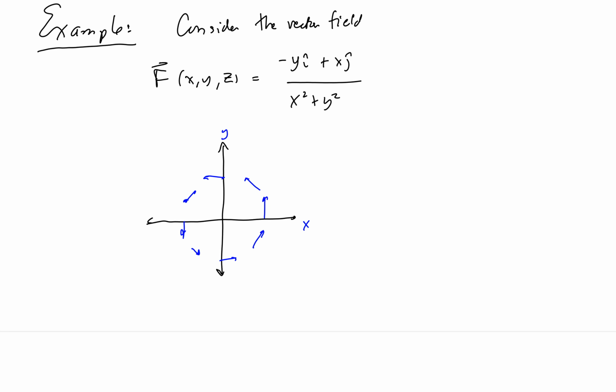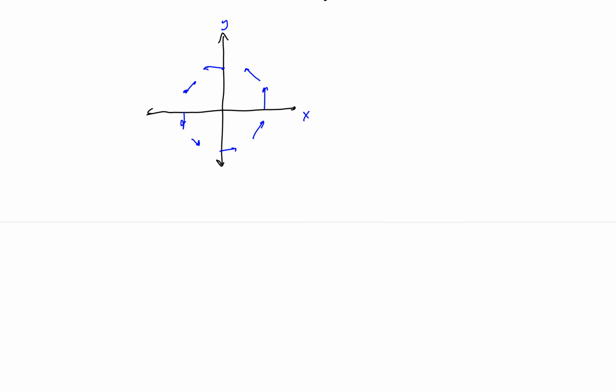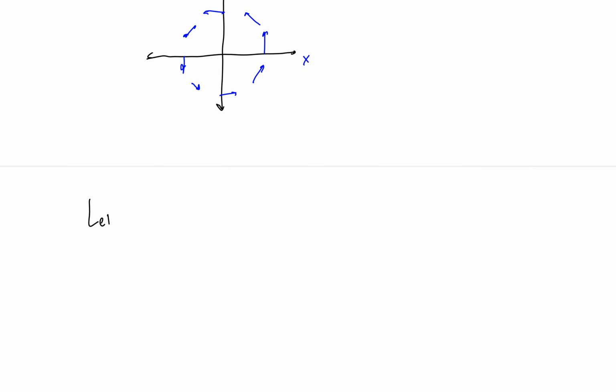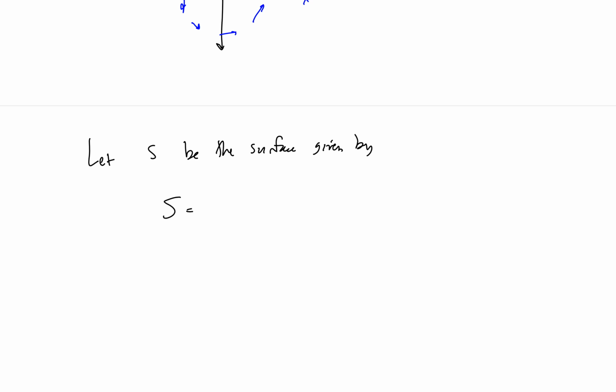So let's consider our surface now. Let S be the surface given by, say, S is all of the x, and I want y to always be 0, and z, and so this is going to be 1 less than or equal to x less than or equal to 3, then 0 less than or equal to z less than or equal to 2.